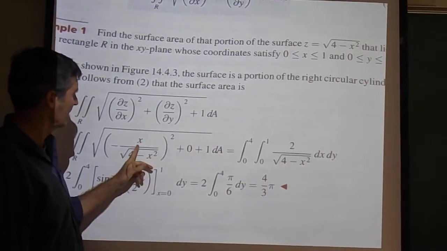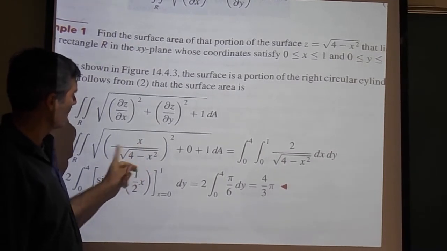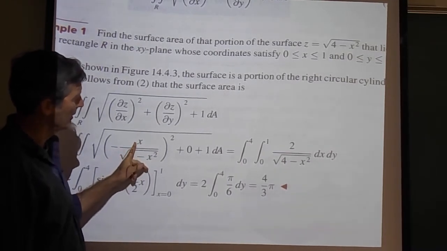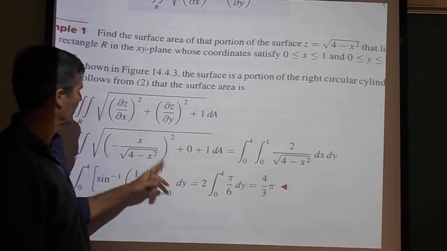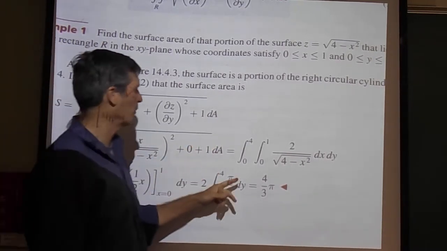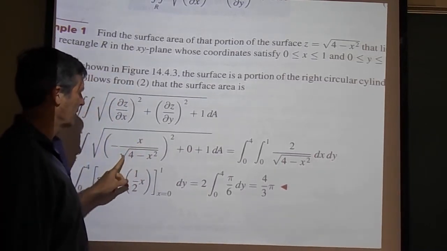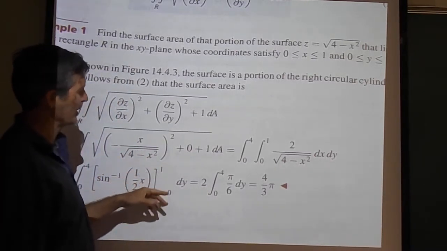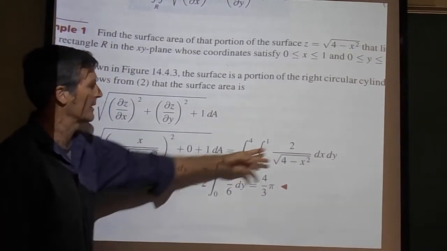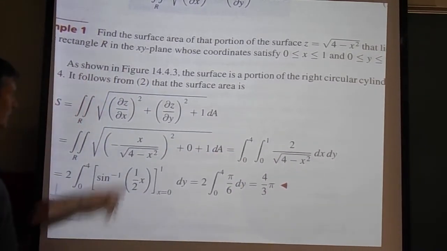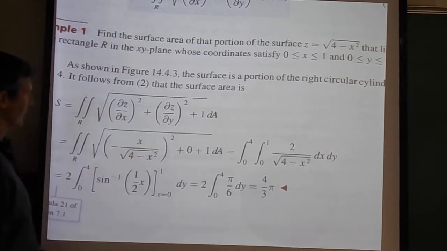The x squared terms cancel, and you wind up with 4 over 4 minus x squared in the square root, and it reduces algebraically to this. So going from here to here is just algebra. Square root of 4 on top and square root of 4 minus x squared on the bottom.